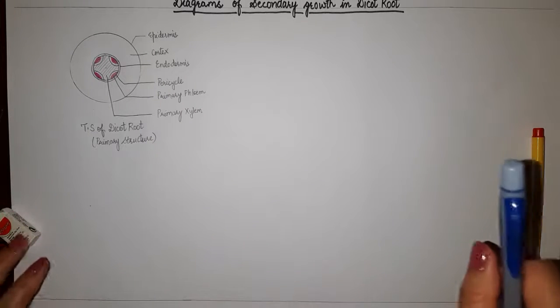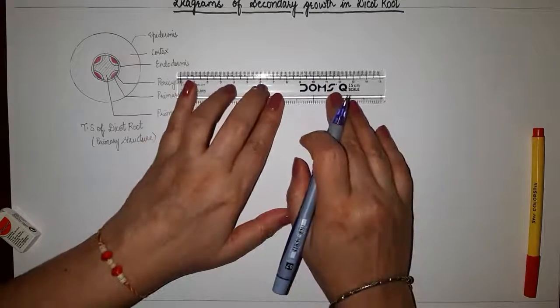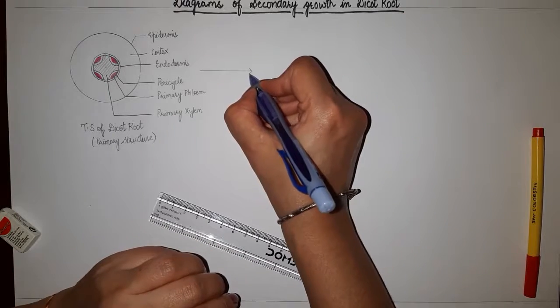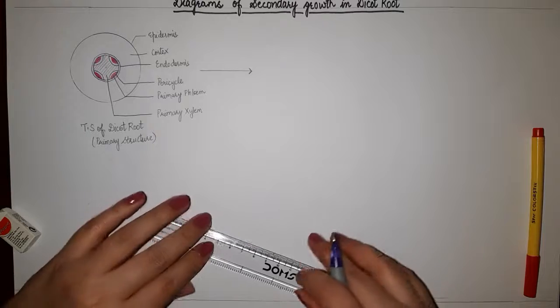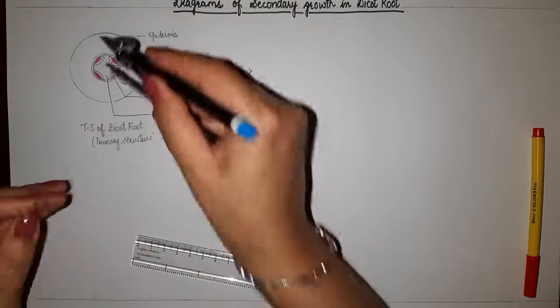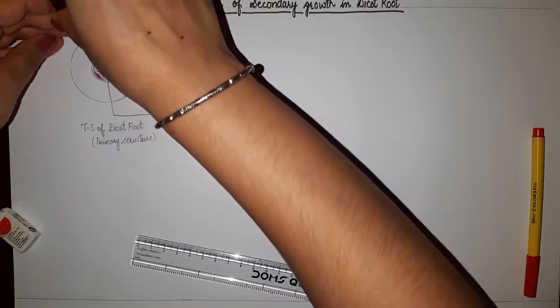So now we will be starting the steps of secondary growth. In this root, the very first step was development of vascular cambium. For vascular cambium, in order to show that, you have to use the same radius.